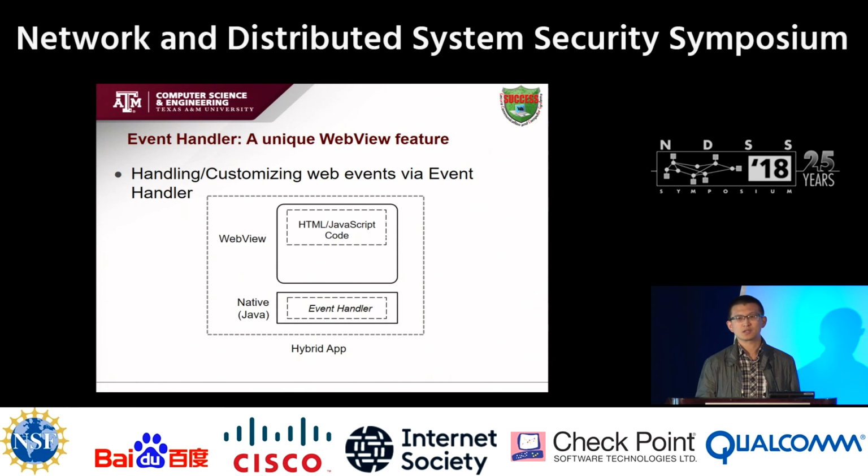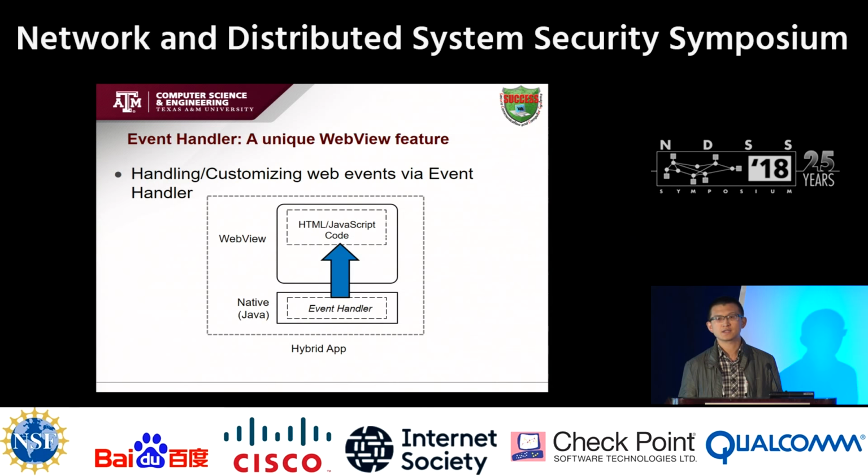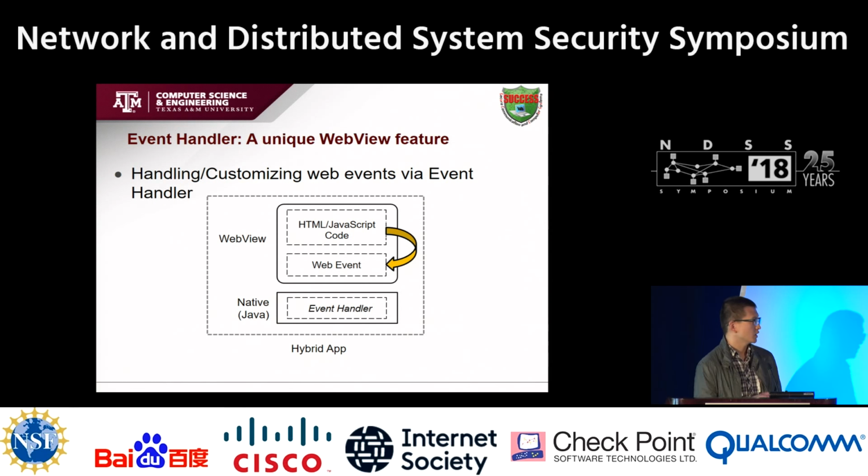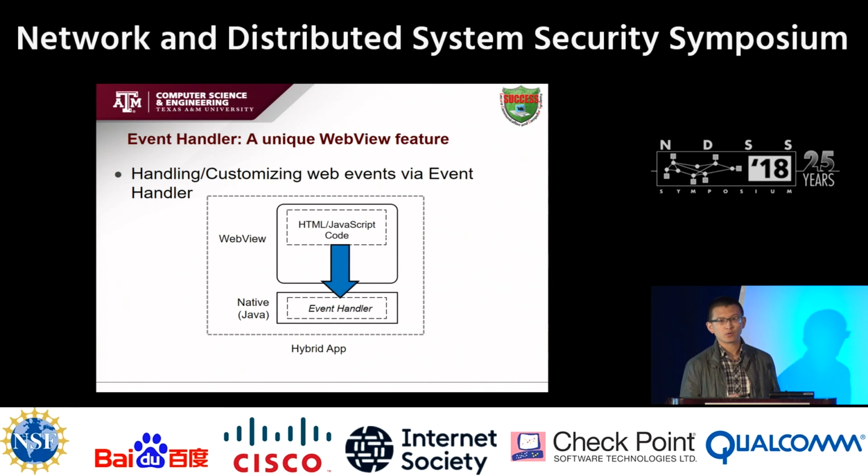To enable the event handler feature, developers must implement some native methods in advance and register them to WebView to make them effective. Then at runtime, if the web code triggers some web events, these events will be handled by the registered event handlers. At a high level, the event handler feature provides a bridge that links the web layer and the native layer.